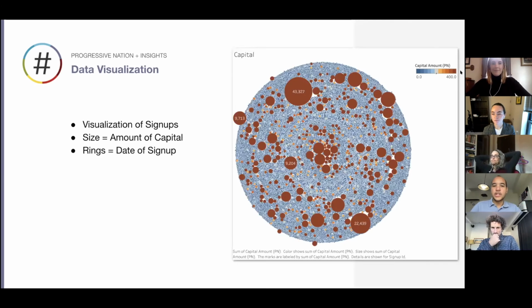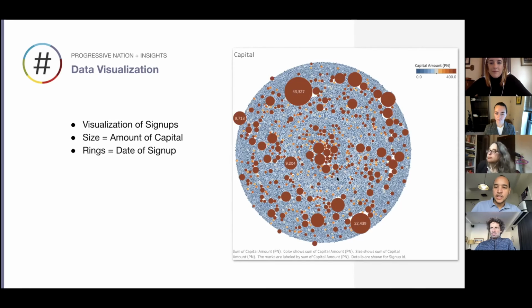So NationBuilder Insights really brings your data to life through visualization. This visualization here, I call it the tree trunk because it showcases a nation's supporters, which are represented as the dots that you see in rings. At the very center, the inner ring of the graph, there are the first signups that signed up on your nation or were imported, and the outer ring are the newest signups.